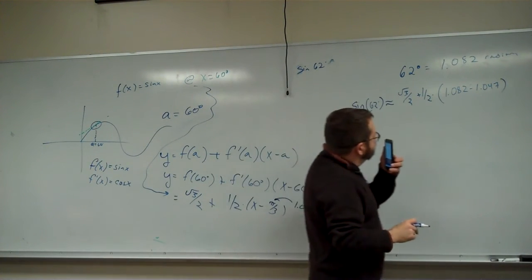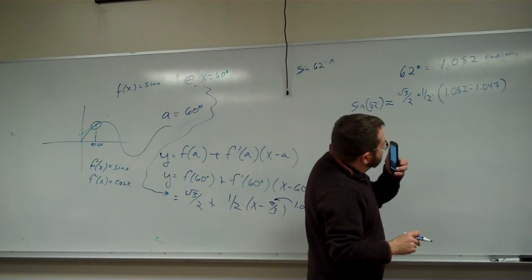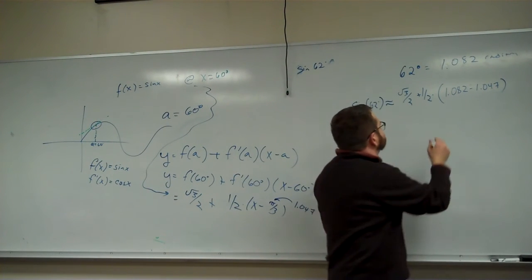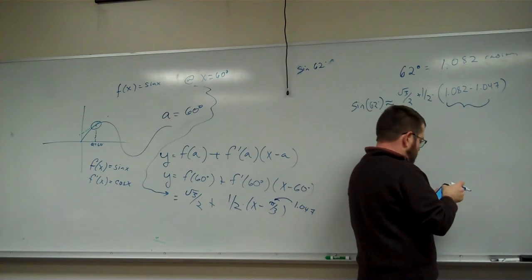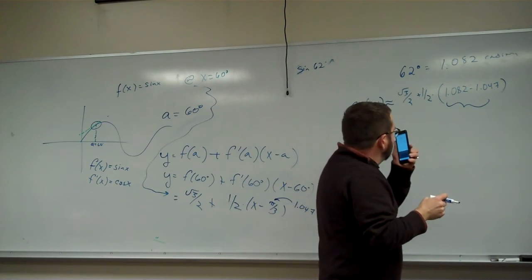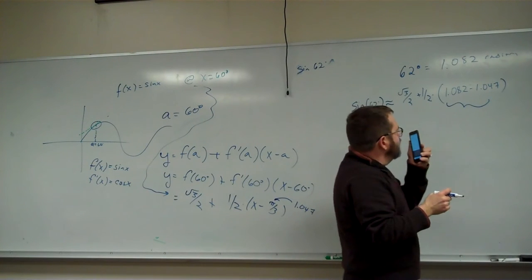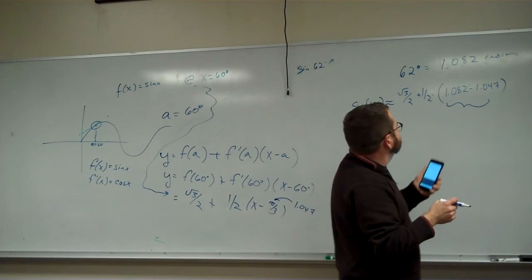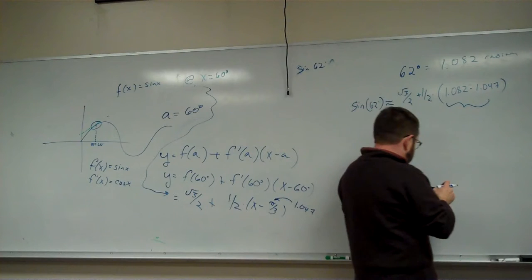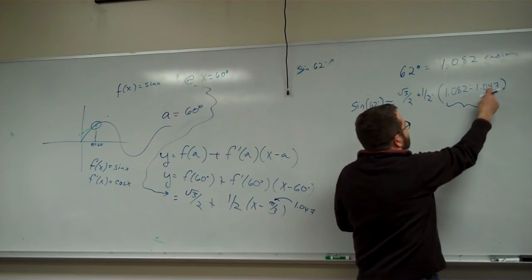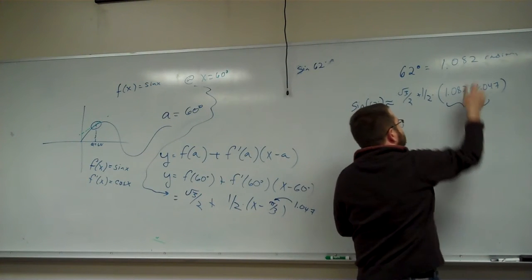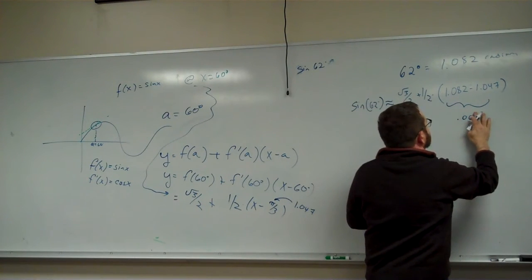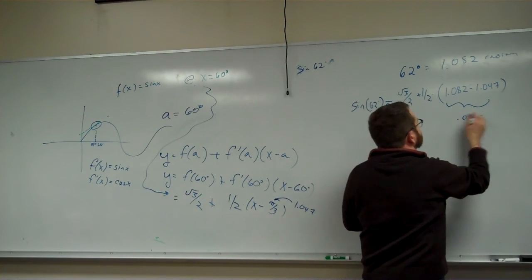What is 1.082 minus 1.047? That's not liking me very much. What is this going to be? Is this 0.035, yeah?